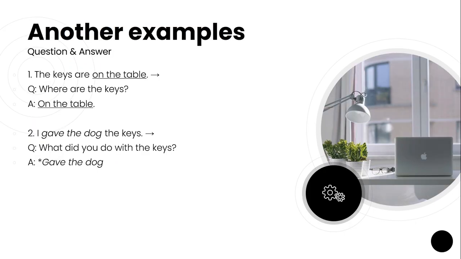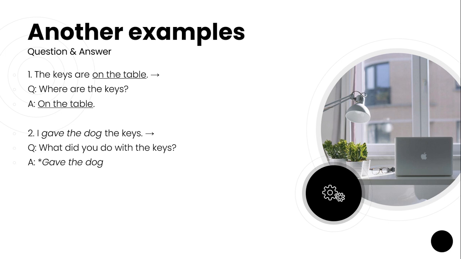Okay, in this slide we have another example. Here there are two example sentences. It can be seen that the first example sentence is a constituent, while the second example sentence is not. How can it be like that? As explained on the previous slide, if a string of words is a constituent, it's usually grammatical for it to stand alone as the answer to a question based on the sentence.